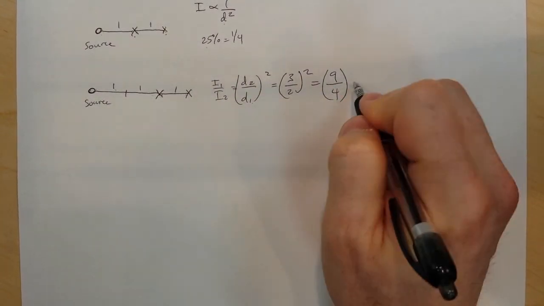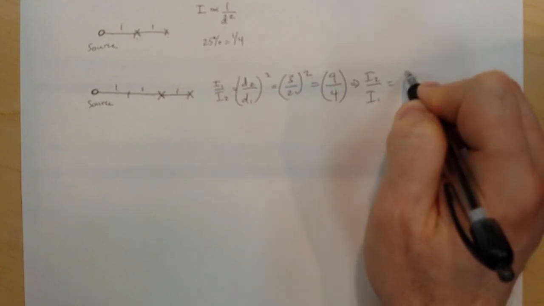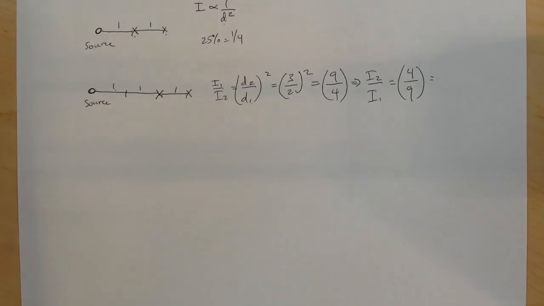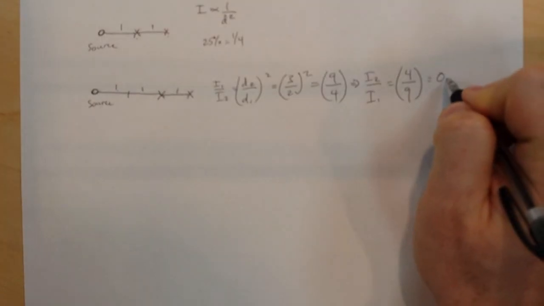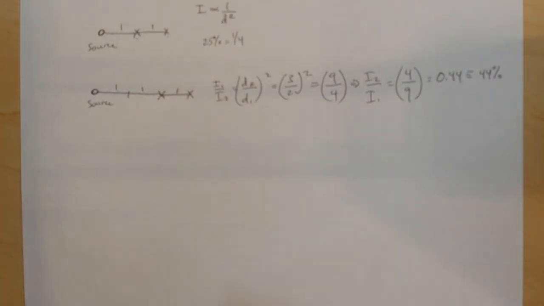My ratio, if I flip this, I2 to I1, is 4 over 9. And what is 4 over 9? 0.44 or 44%. Okay?